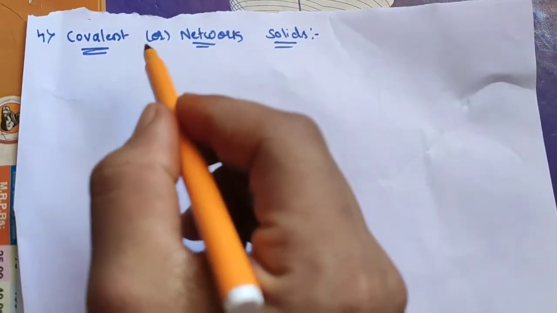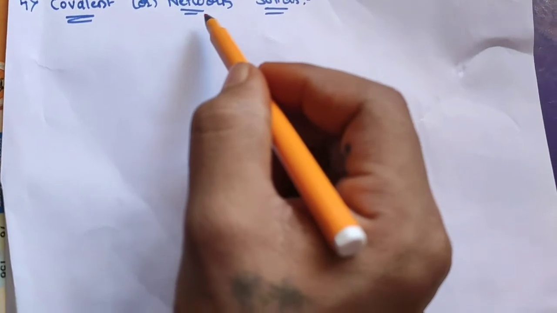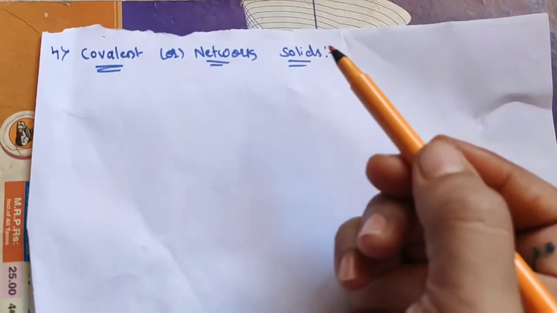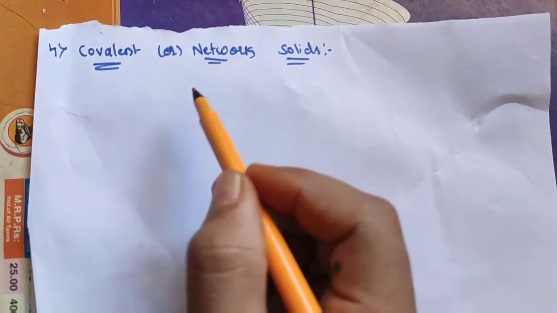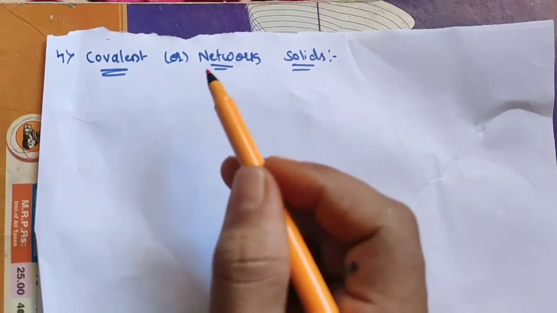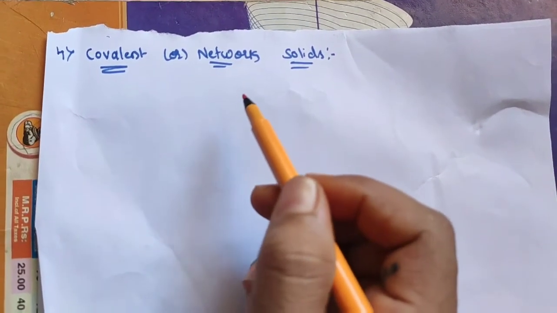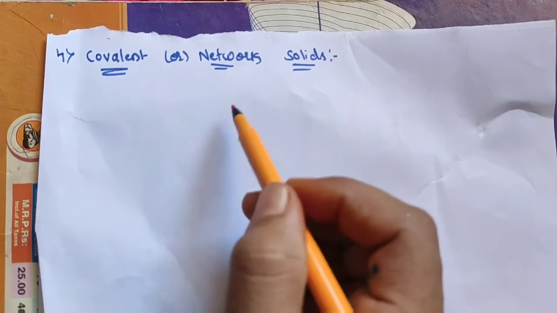The fourth type of classification is covalent or network solids. A wide variety of crystalline solids of non-metals result from the formation of covalent bonds between adjacent atoms throughout the crystal.